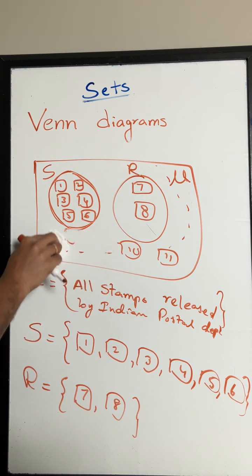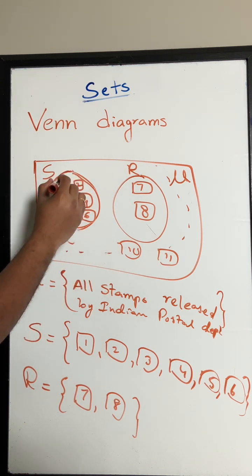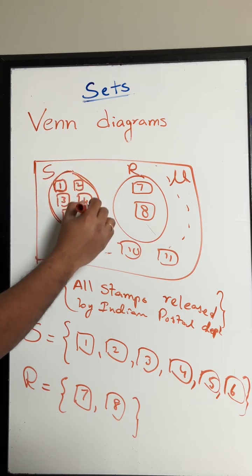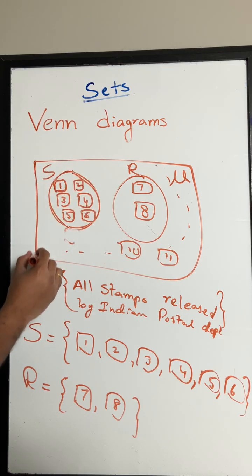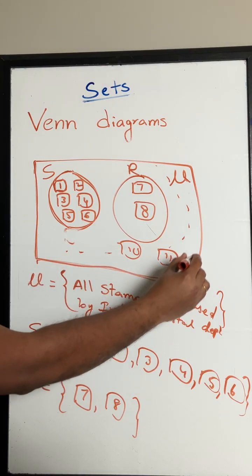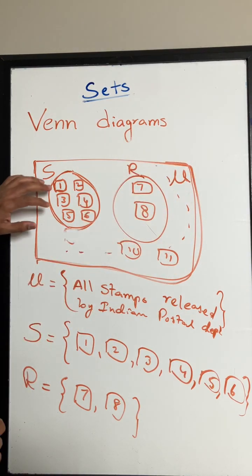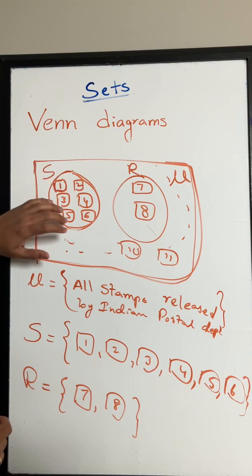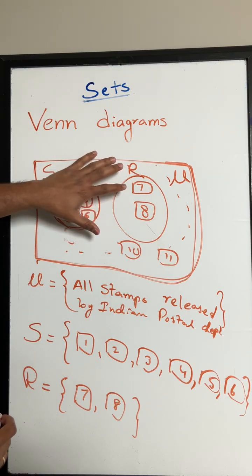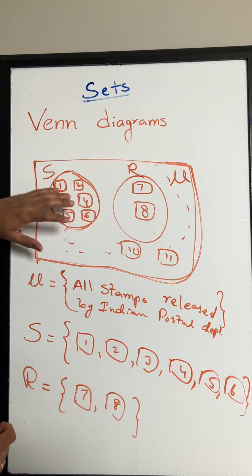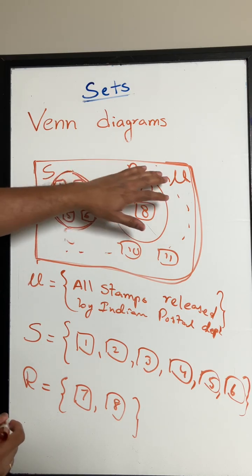Anyways, if stamp 1 is inside the circle, that means it is inside the big box also, isn't it? If 1 is inside the circle, it means the entire circle is present in this big box. That means if I say 1 is inside the circle, I can also say 1 is inside the big box.